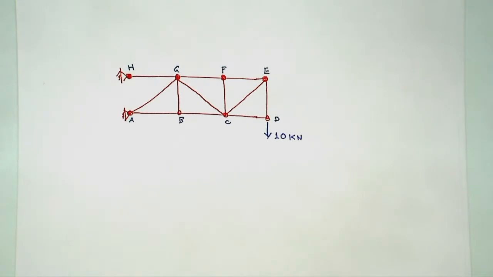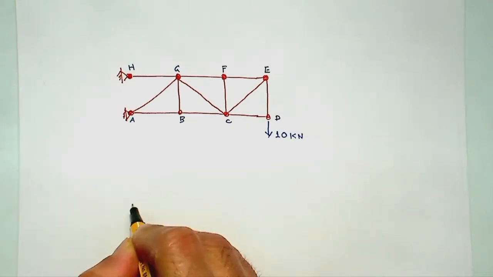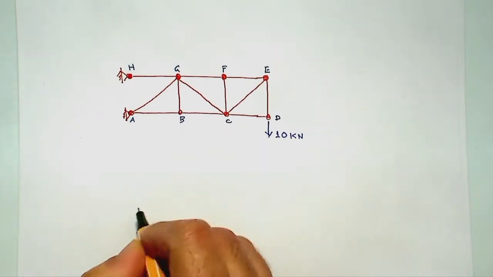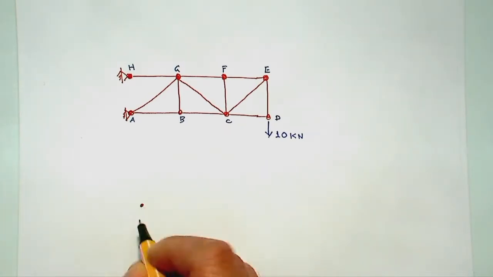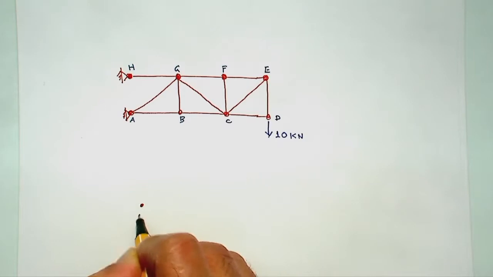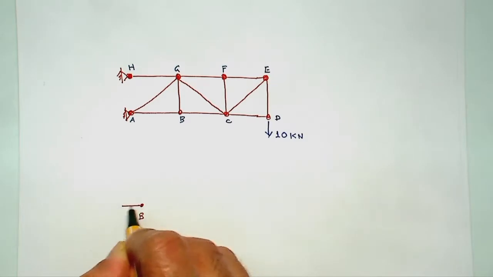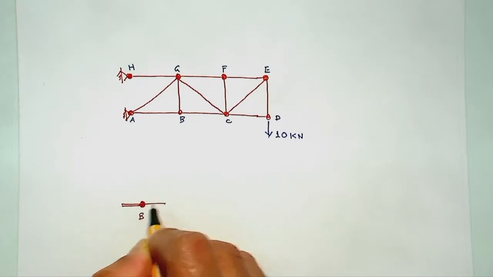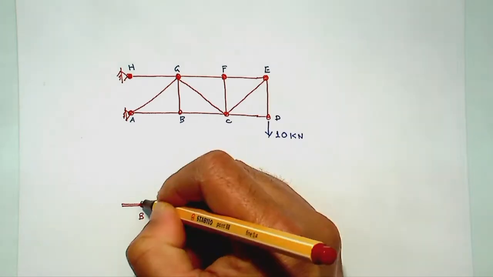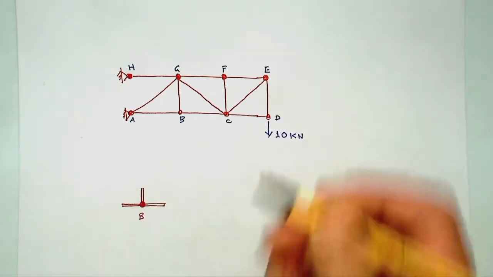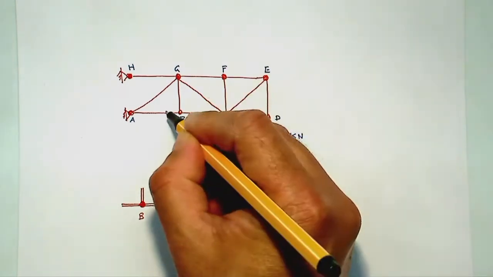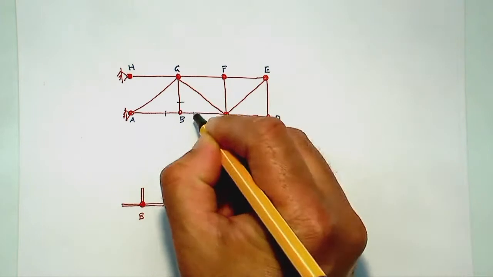If I isolate joint B, how would joint B look? This is joint B, for example. We have one member going that way, another member going that way, and one vertical member over here. I have isolated this joint B by cutting it here, here and here.